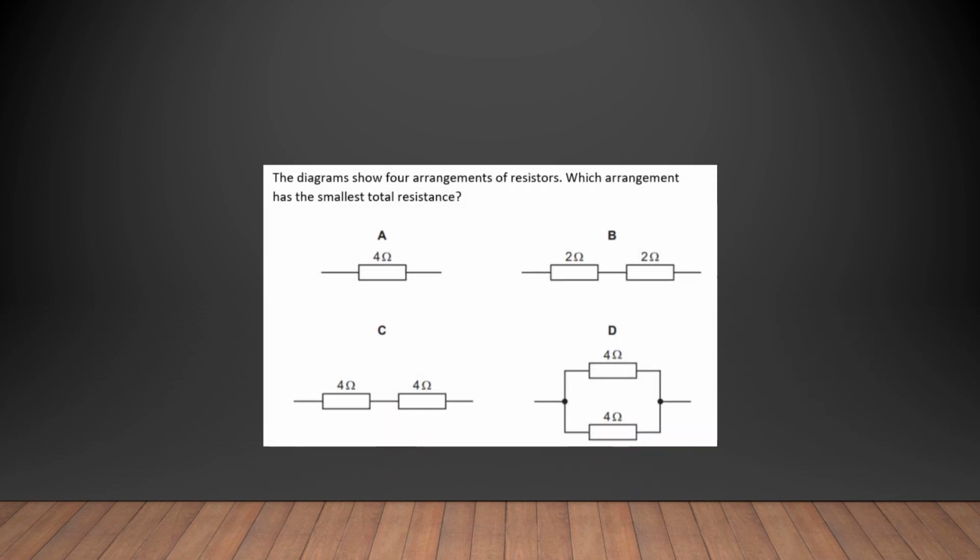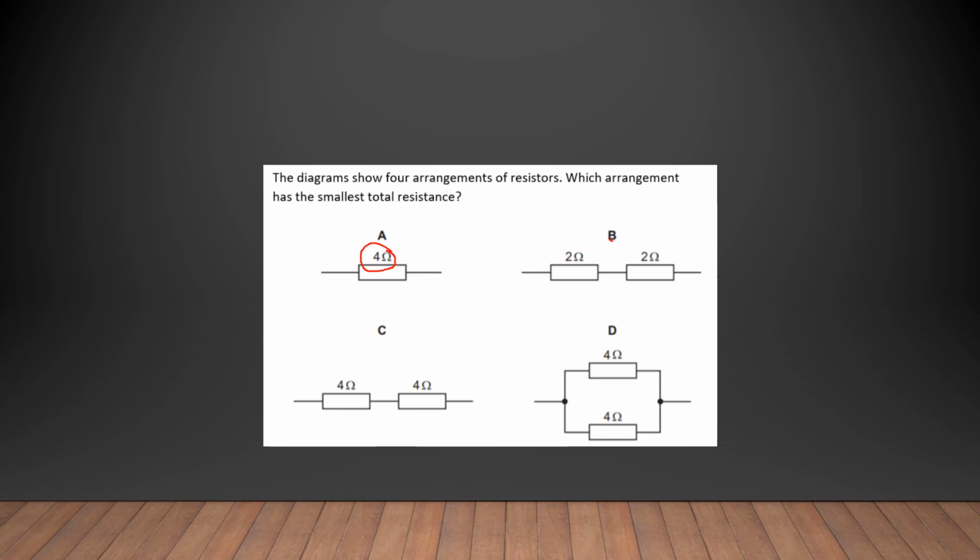Now this is a past paper question. The diagram shows four arrangements of resistors. Which arrangement has the smallest total resistance? We have to find the smallest total resistance. So individually we can check the total resistance. In option A, we have only one resistor, 4 ohm, so the total resistance is 4 ohm itself.